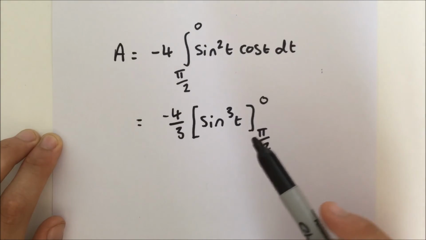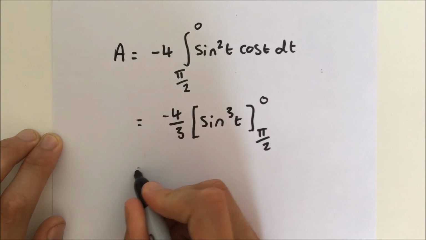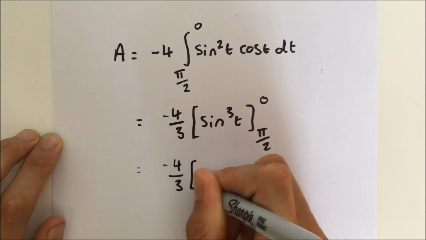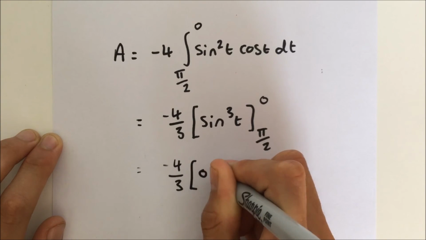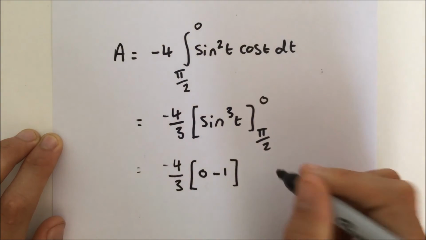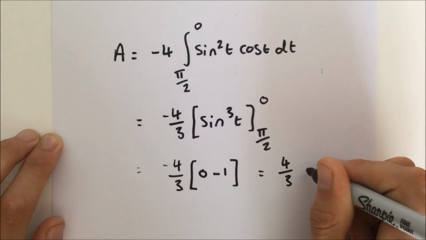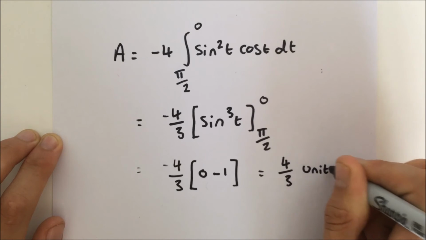But for now, you have to trust me. And if we evaluate this, we get minus 4/3 times 0 minus 1, and that's equal to, of course, 4/3 units squared.